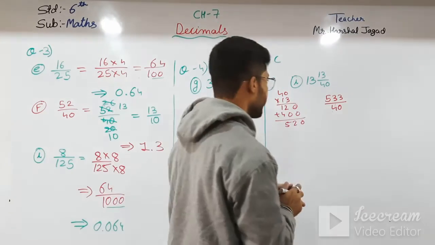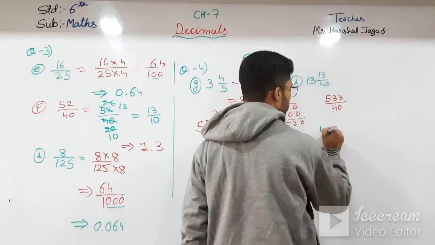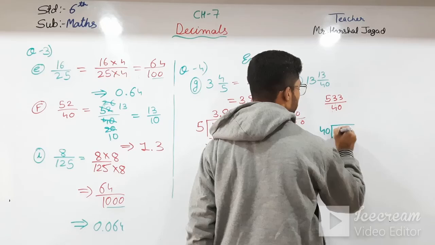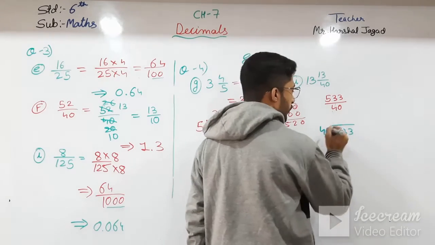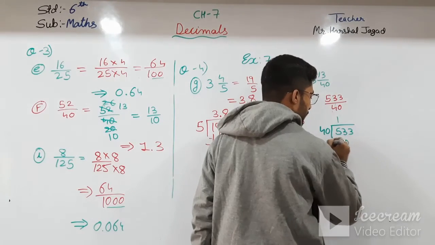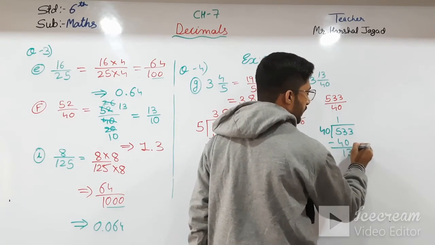Here we divide 533 by 40. Then 4 1s are 40, here remaining 1 and here remaining 3.